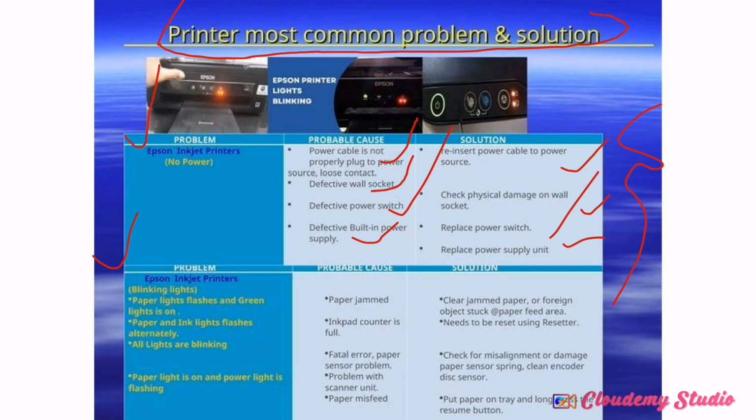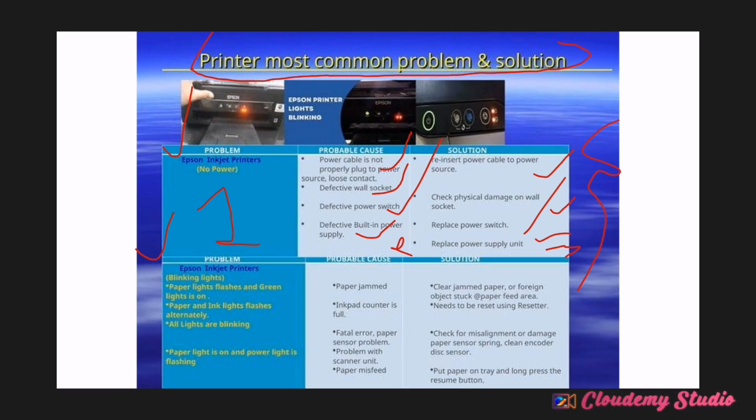So here is problem number 1. Then number 2, here we have the causes of the problem and the solution to the problem. Okay, then Epson inkjet, blinking lights: paper light flashes and green light is on, paper and ink lights flash alternately, then all lights are blinking, then paper light is on and the power light is on.